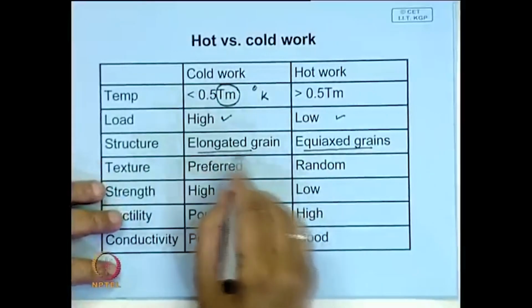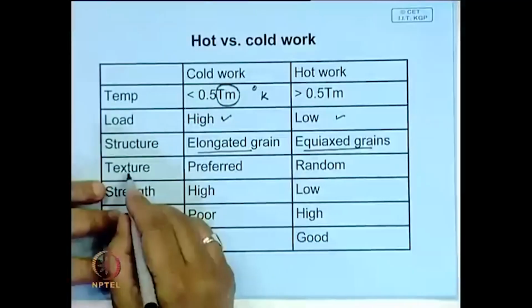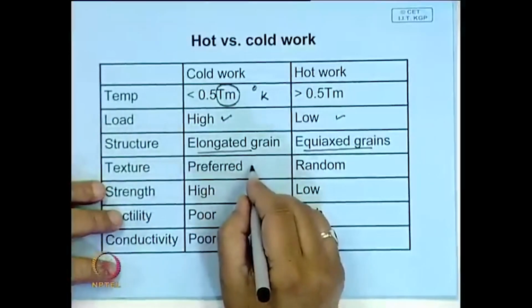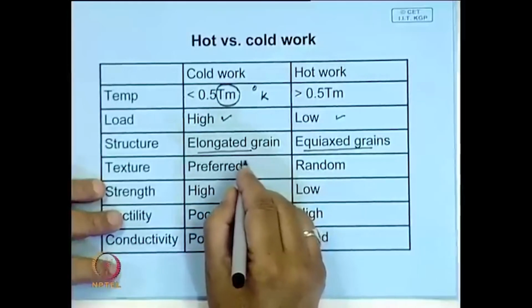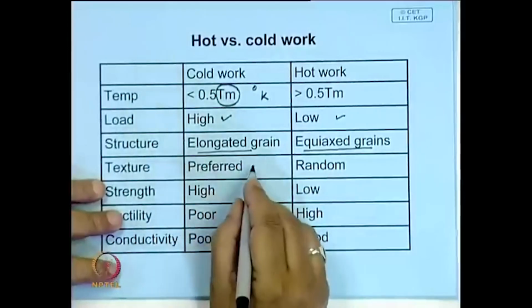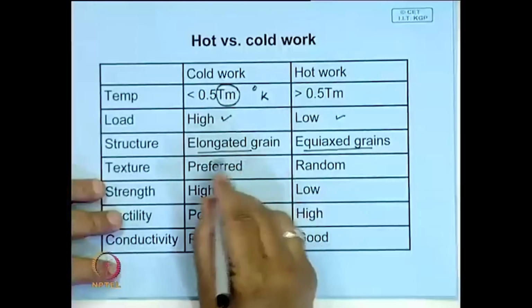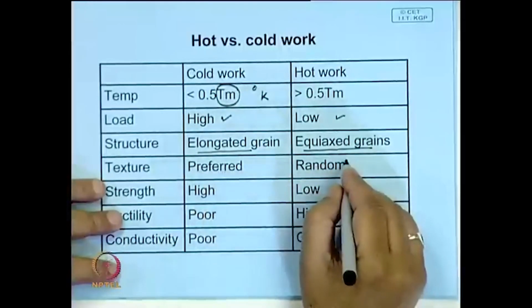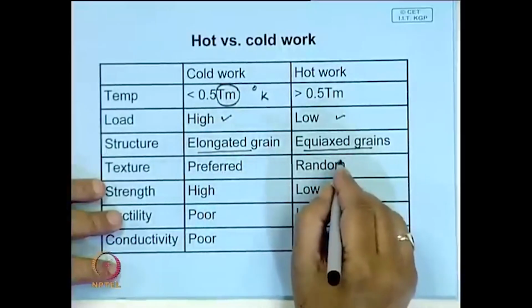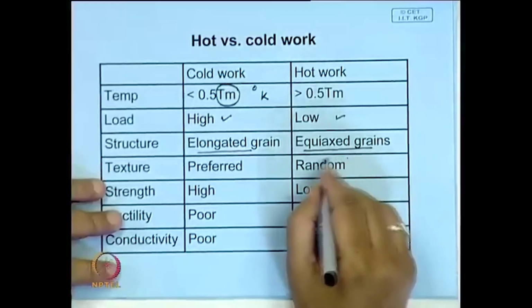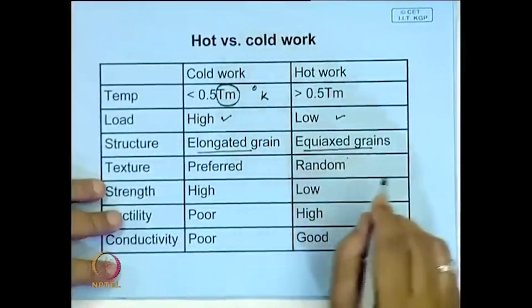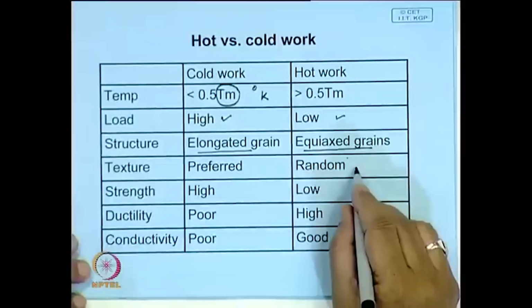Because of this elongated grain, the cold worked material has a texture, a preferred crystallographic arrangement or alignment of grains. This makes the property of a cold worked material anisotropic, dependent on direction, whereas in hot worked material there is every chance that the property will be isotropic, independent of direction.